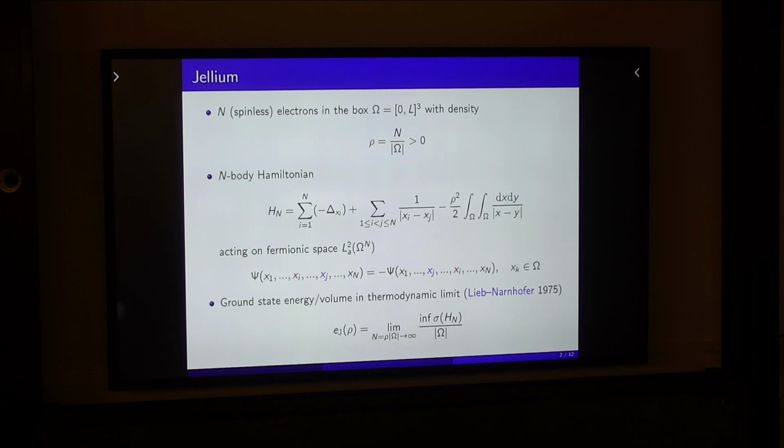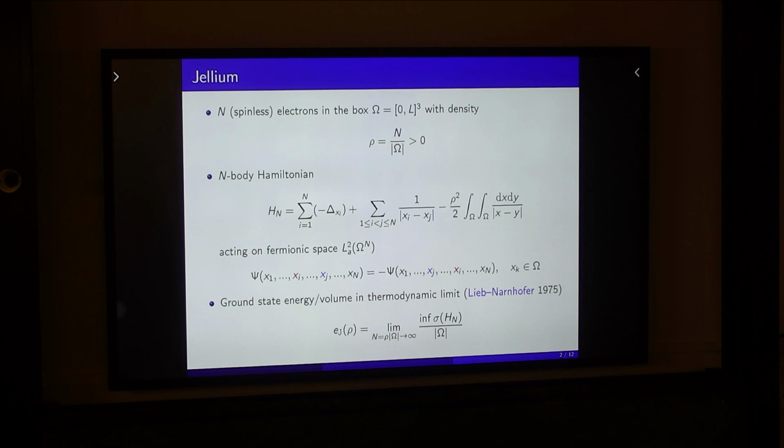But a little bit simplified model, which was introduced by Wigner in the 30s, is that you think of the ions as uniformly distributed in the background, and then you have electrons moving around.